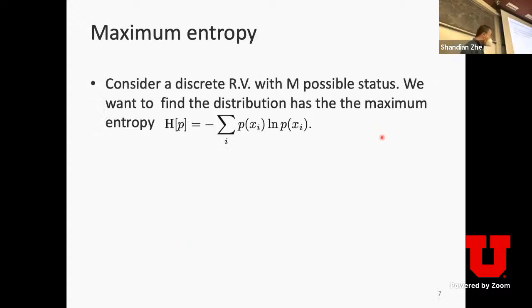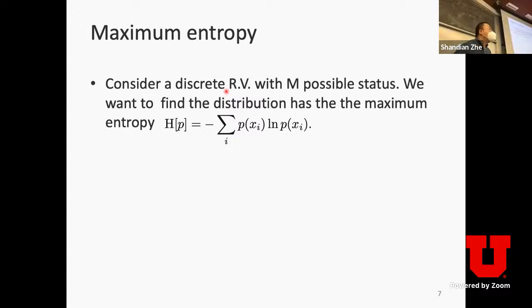So now, we have an interesting question, right? Just consider a discrete random variable in general. Suppose it can take m possible states, meaning it can take 1, 2, 3, 4 up to m, right? Then we're curious to know which distribution can give this random variable maximum entropy.